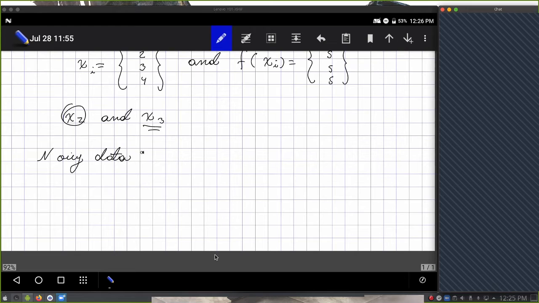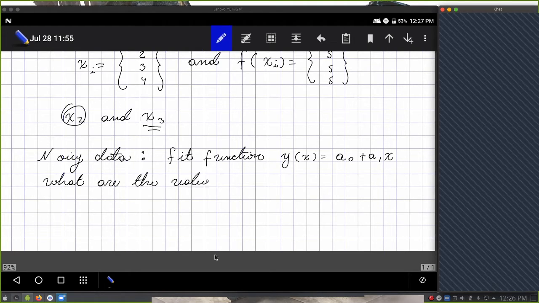And for a question about noisy data, they can ask you, "Oh, hey, what if we wanted to come up with a fit function in the form y of x is equal to a0 plus a1x? What are the values for a0 and a1?"